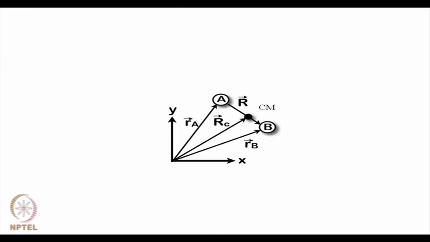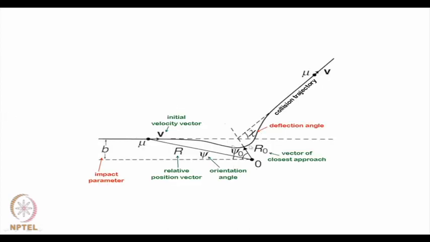Then we talked about elastic scattering, and we discussed this figure also, that is the scattering diagram, collision trajectory, the path that it is following. Then we talked about conservation of various physical quantities.